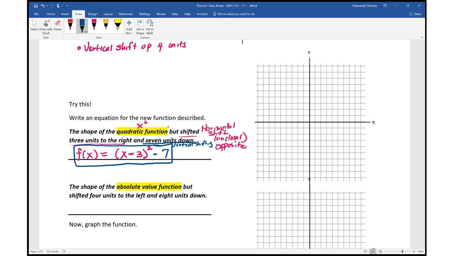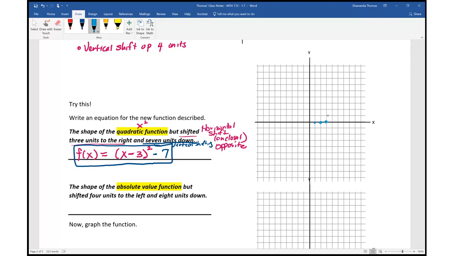Now, how would you plot that? Normally the original parent function is somewhere here, but we're going to use that middle part as an anchor, and we are going to shift this shape somewhere else. Based on the description, it's saying shift 3 units to the right: 1, 2, 3.